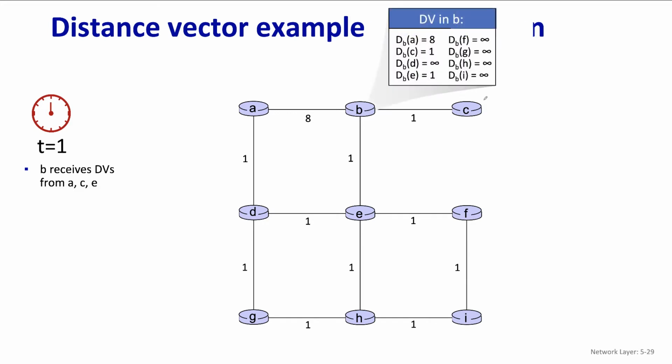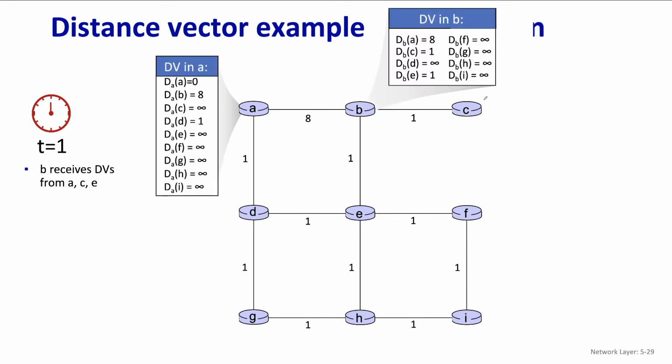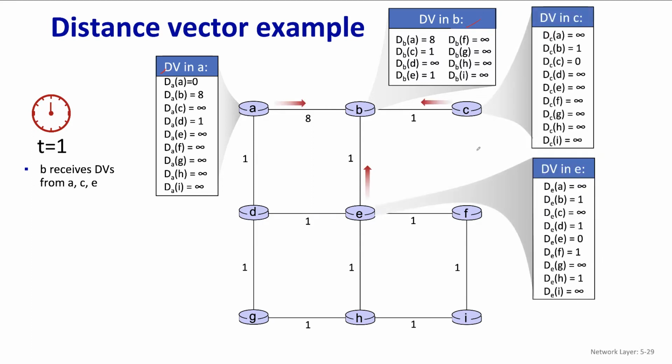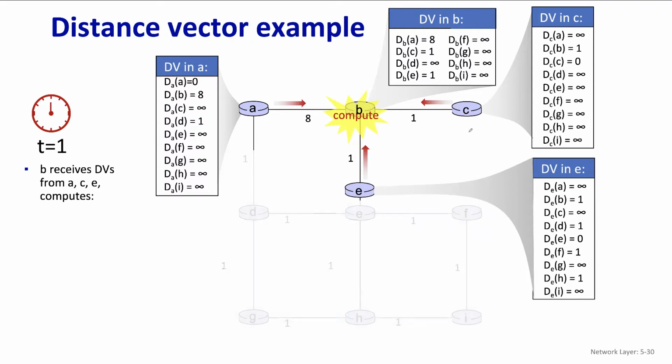Now let's try to do one example here. As you can see, this is the distance vector at A, the distance vector at B. Each one of them has its own data. So let's say that you are at B here and you want to do the computation. How is the computation going to be done? You will be receiving from A, from E, and from C. How are you going to do the calculations?